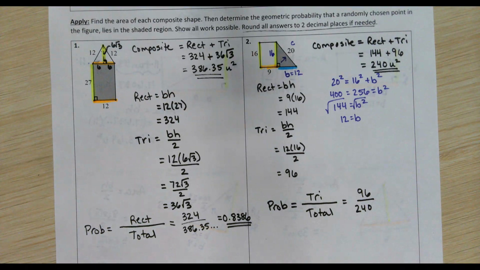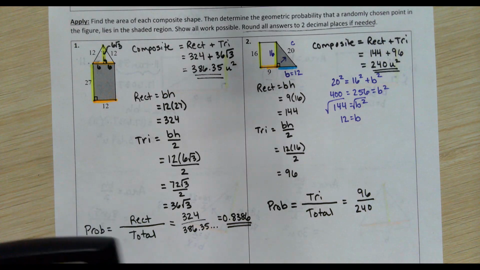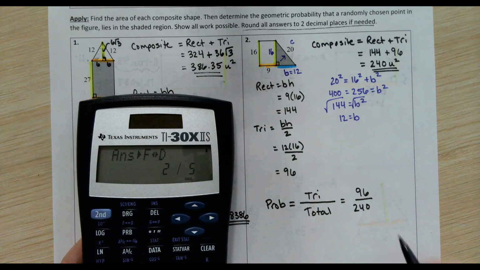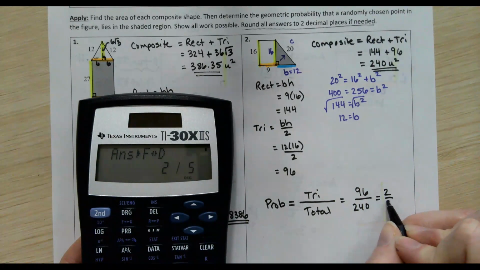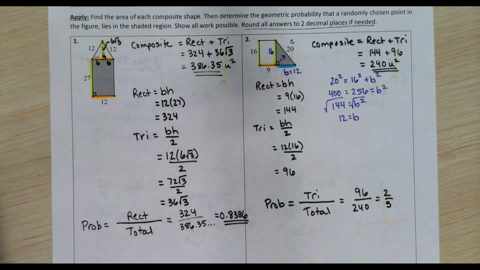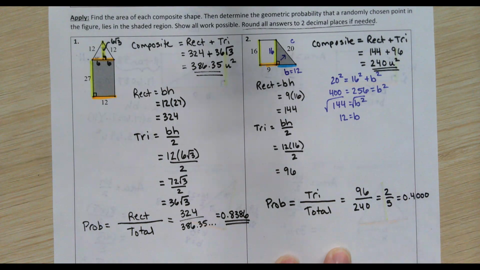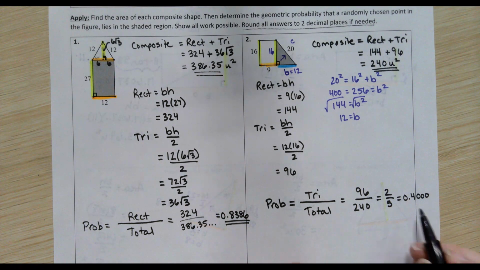So all we need to do is 96 divided by 240, and then we can either report that as a decimal, a fraction, or a percentage. So in fraction form, that one would be 2/5. In decimal form, that would be equal to 0.4000 if we had 4 decimal places, or we could do 40%. So lots of different ways to report that probability.